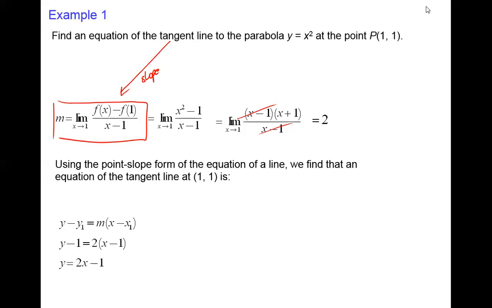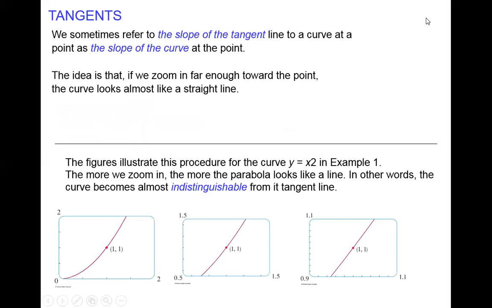Now let's look at my other slide. Okay. Another thing that probably we mentioned in chapter 1, that finding a slope of the tangent line means exactly the same like slope of the curve.